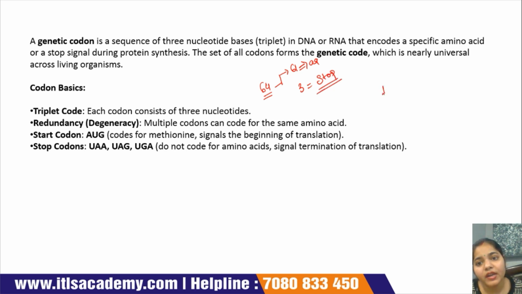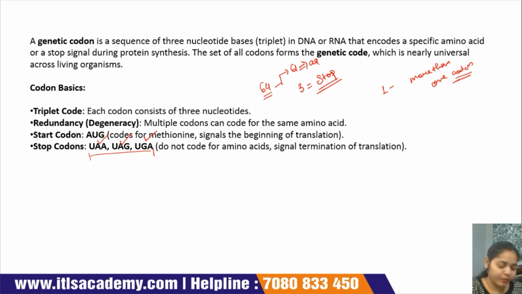One amino acid is coded by more than one codon. For example, there are 3 stop codons: UAA, UAG and UGA. These codons do not code any amino acid.